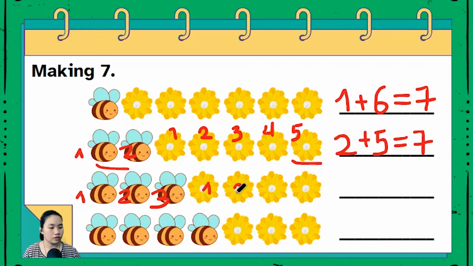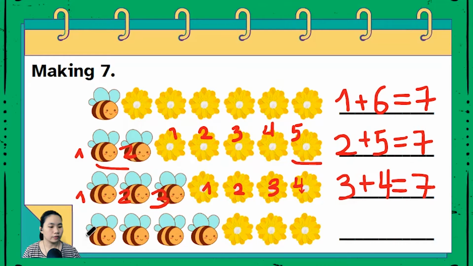1, 2, 3, 4. Okay, so what is the number sentence? 3 plus 4. What is 3 plus 4? What is the sum that we're looking for? 7, right? 7 is the sum that we're looking for.